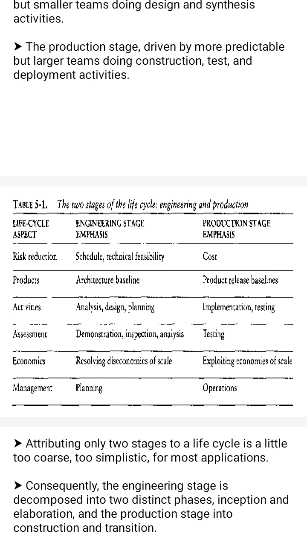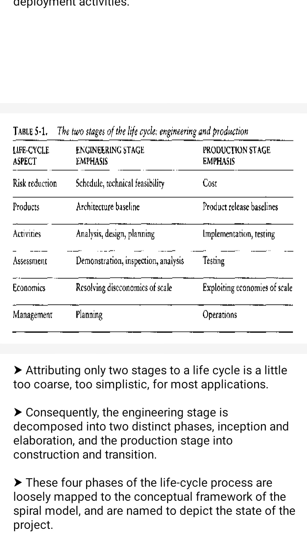In the management aspect, in the engineering stage we decide the planning, and in the production stage we decide the total operations. The table describes the different aspects and the emphasis of each stage.